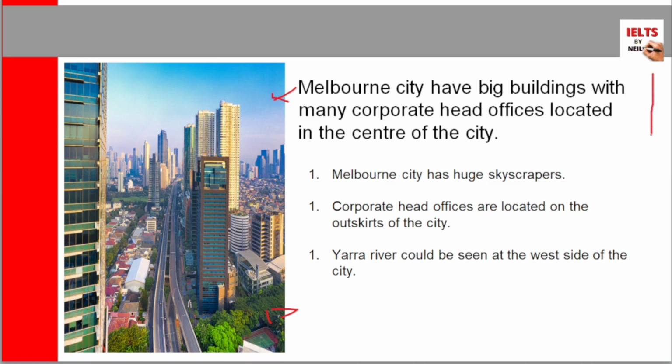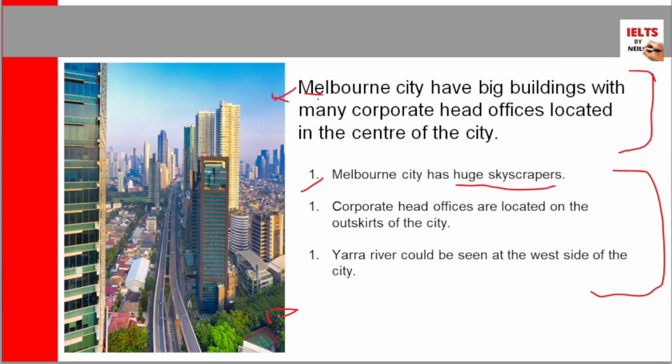So this is a text, and these 3 are the questions based on the text. This is just for your understanding. The first question is, Melbourne city has huge skyscrapers. Huge skyscrapers we often call large or big buildings, right? Let's find out if this is true, false, or not given.